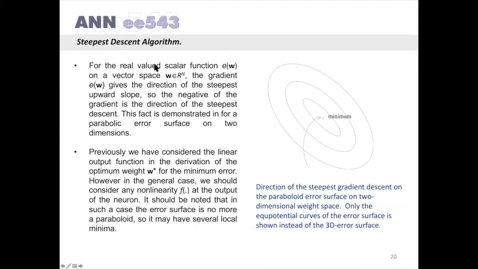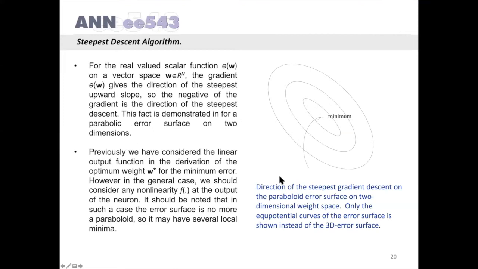For the real valued scalar function error E(W) on a vector space, W an element of R^n, the gradient of E(W) gives the direction of the steepest upward slope, so the negative of the gradient is the direction of the steepest descent. This fact is demonstrated for a parabolic error surface in 2 dimensions.